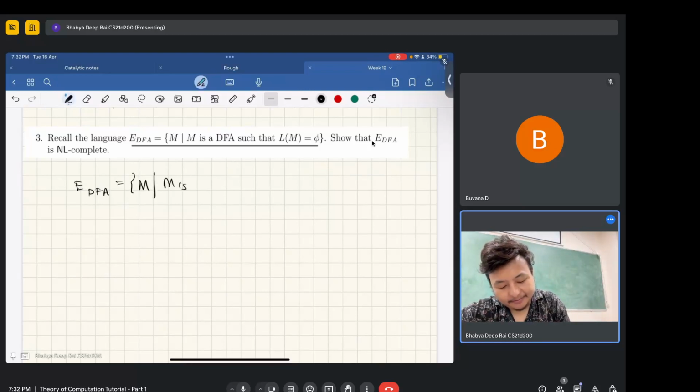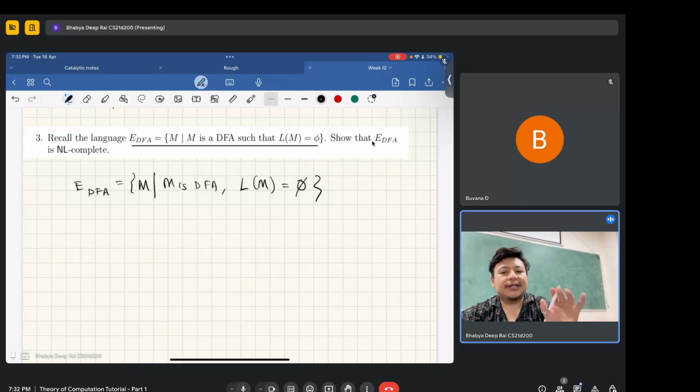M is a DFA and the language of M is empty. It does not accept any string. So can you tell me what kind of DFA will have its language as empty? When will a DFA never accept any string?